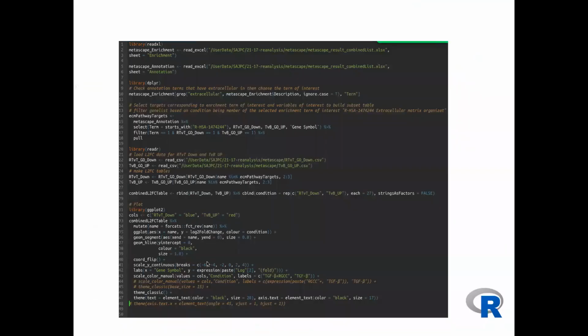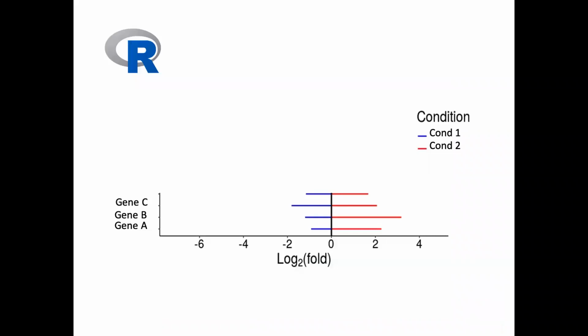So I write a script, which is more wrangling, where I'm combining the output from Metascape with the results that I have in my subsets of data, combining them together and making a plot looking at my particular conditions and the relevant genes of interest that I have. And here we see that in one condition, these genes are going down, and in the other condition, the genes are going up. Now that is super powerful.